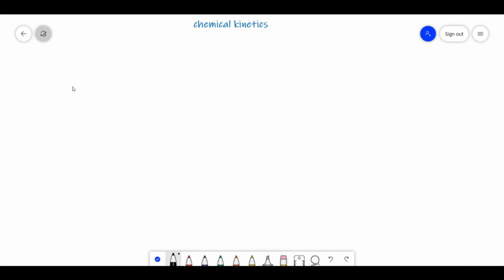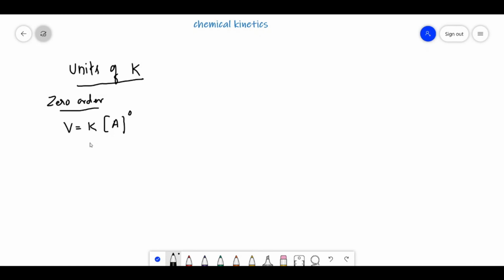Next topic is units of k. To calculate units of k, suppose some zero order reaction is given. In the zero order reaction, the rate is not dependent on the concentration. So I am taking a power of 0, and something to the power of 0 is 1.